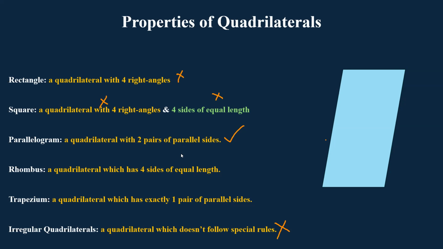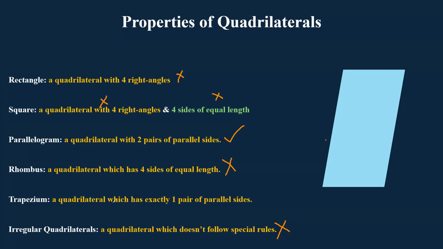All right, Theo, is it a rhombus? No, because a rhombus has 4 sides of equal length, but this doesn't. Perfect. Very good. A rhombus has 4 sides of equal length and this doesn't. Simple as that, guys. Very good. It can't be a rhombus.